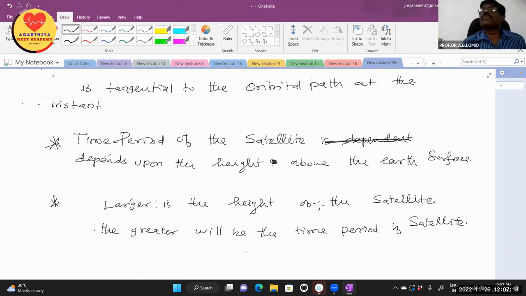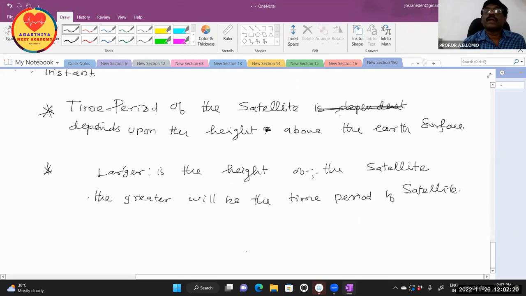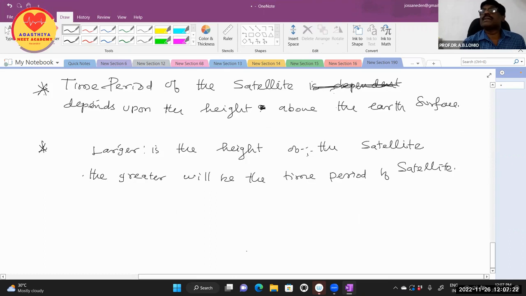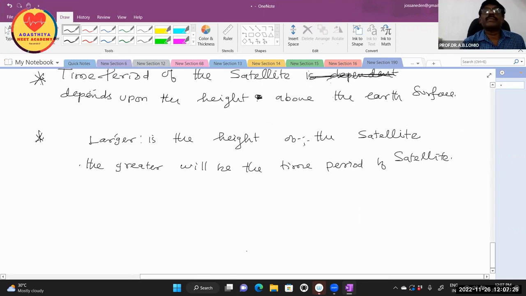These are the important points related to the orbital velocity and the time period.